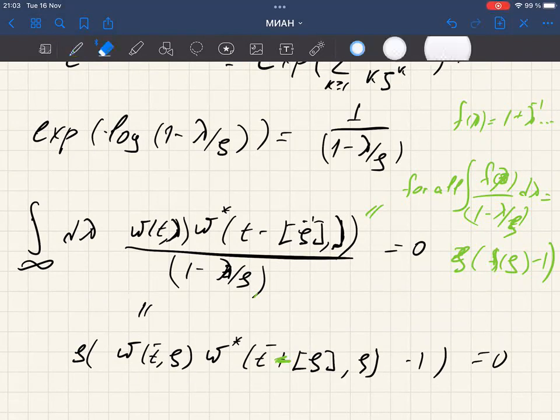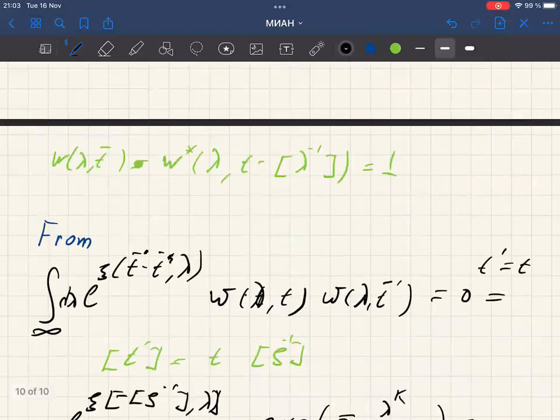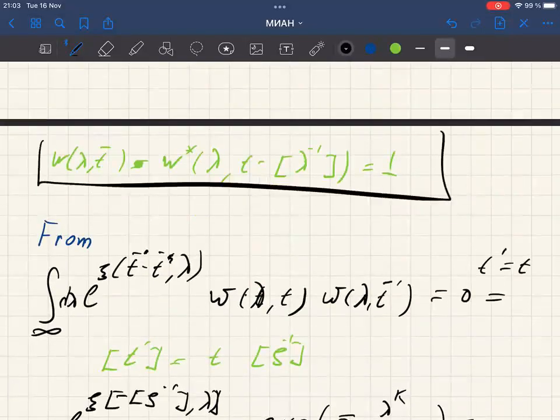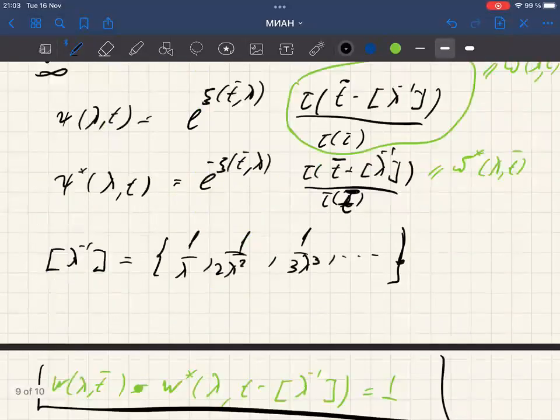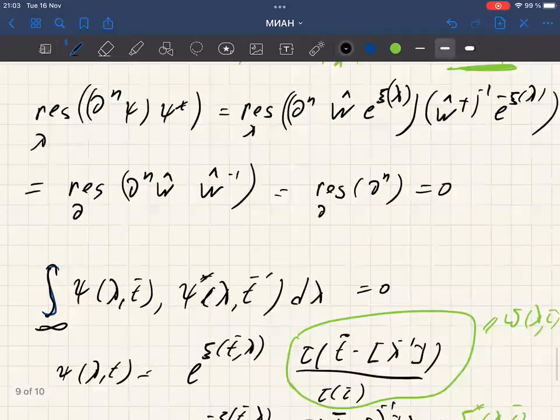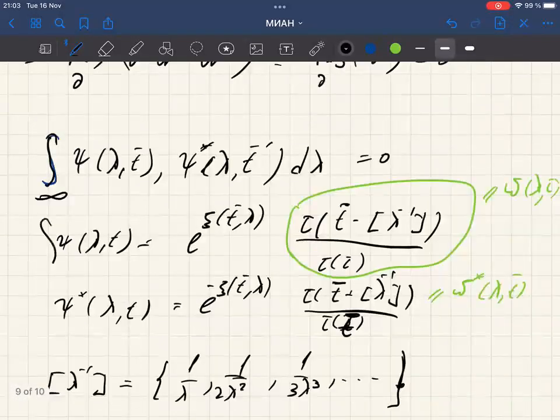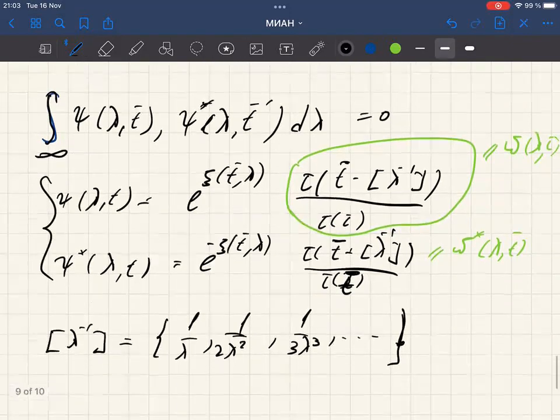No. This is just what I wanted to prove, and to prove that there exists such a tau function that we could write psi and psi star this way. We should do something like this, just more complicated, and probably I should stop.